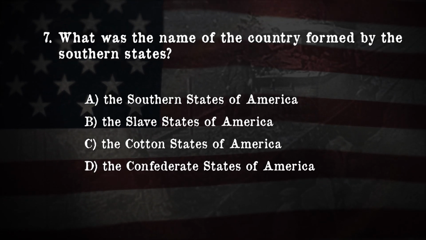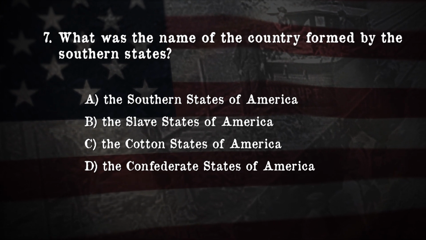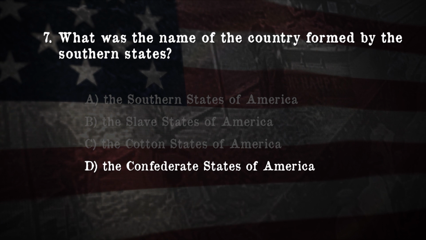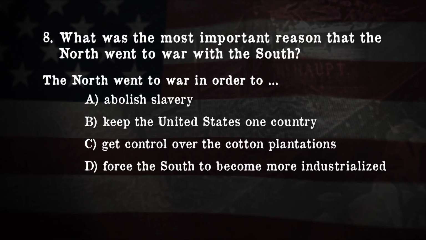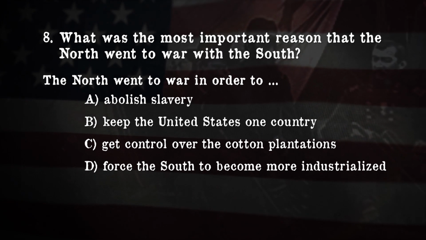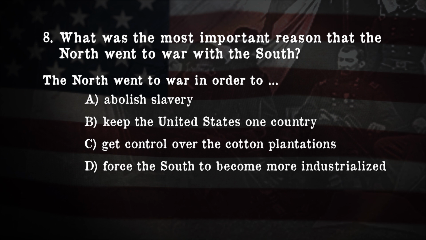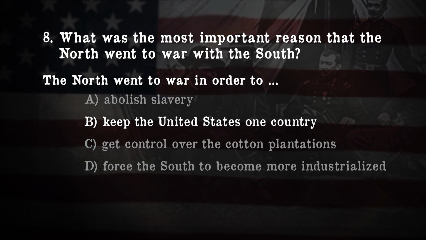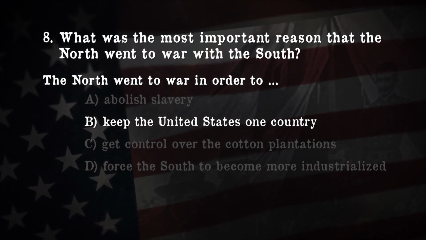What was the name of the country formed by the Southern states? The Confederate States of America. What was the most important reason that the North went to war with the South? The North went to war in order to keep the United States one country.